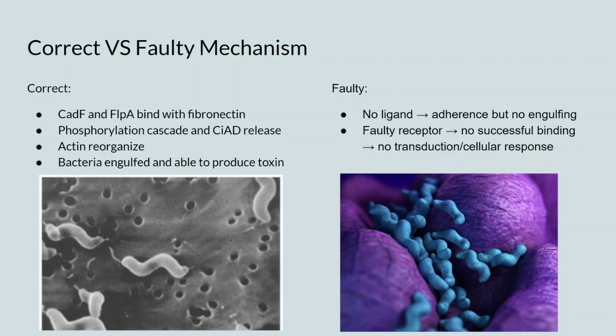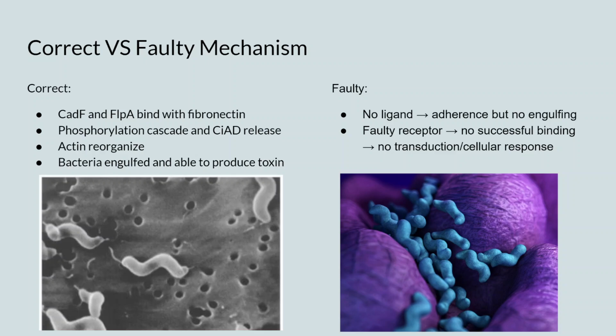With the help of the phosphorylation cascade that happens as a result of the binding of the signal and the receptor and the presence of CiaD, actin would then be reorganized within the host cell, and the bacteria would be engulfed and enabled to produce toxins as a cellular response.